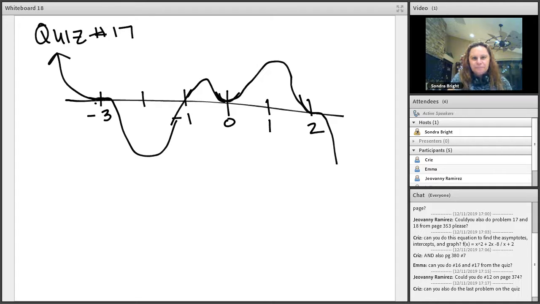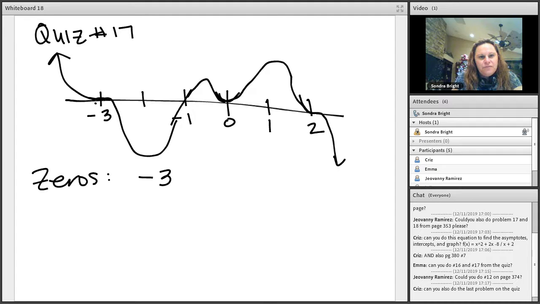Okay. All right, so we've got zeros at −3, at −1, at 0, and at 2. And it said lowest degree, right? So when it flattens out, you just want to do a higher power than just a 1.